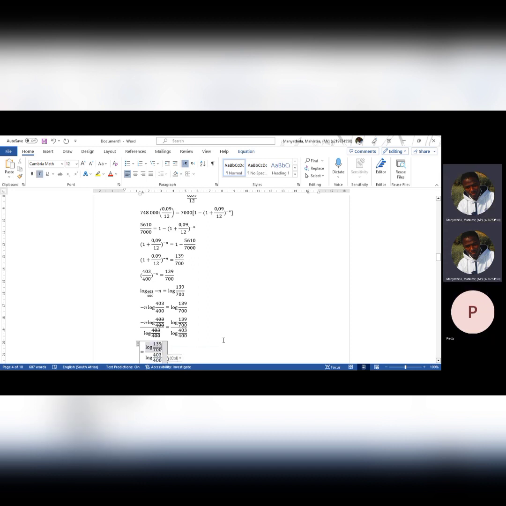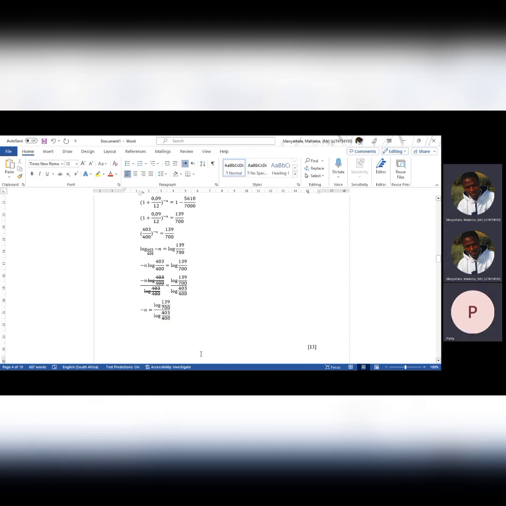Can you work this one out on a calculator? Negative n equal to log 139 over 700 divided by log 403 over 400.